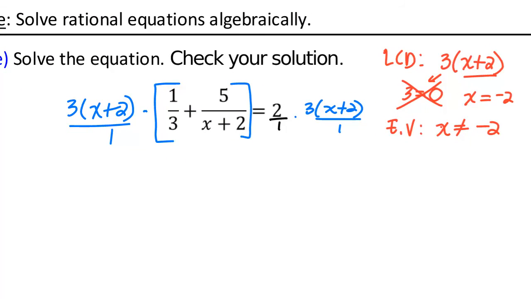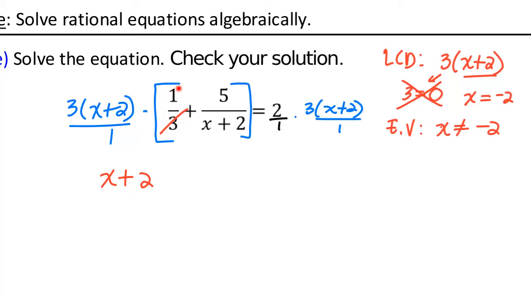All right, so for the first one, remember you're kind of ignoring the second one for now. You're just looking at the 1/3. The 3 is going to cancel with this 3. So that 3 is gone now. So I'm left with x plus 2 and a 1, which is basically just going to be x plus 2. Okay?